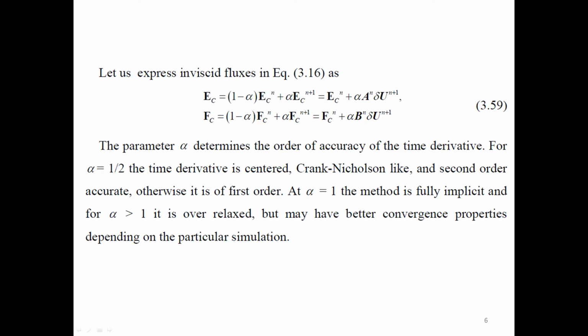At alpha equaling 1, the method is fully implicit, and for alpha greater than 1, it is over-relaxed, but may have better convergence properties depending on the particular simulation.